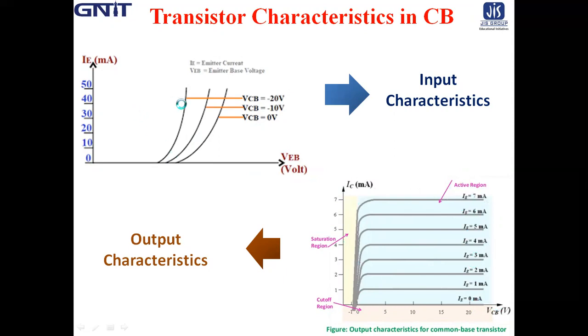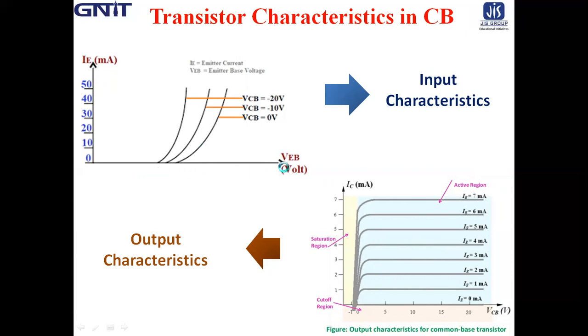So moving on to the input characteristics curve for common base configuration. In the y-axis it is input current, that is your IE.